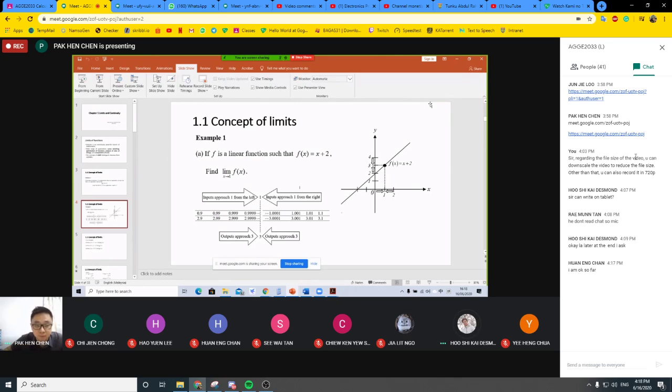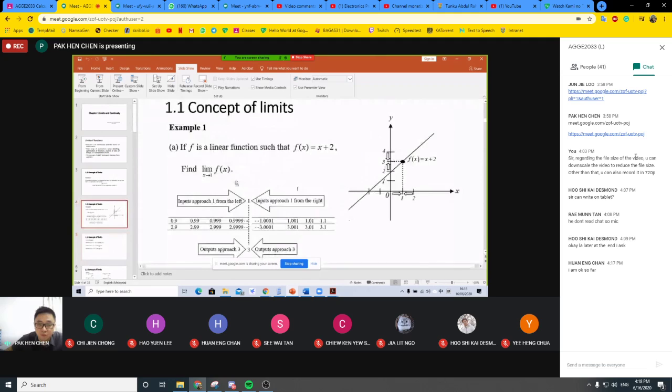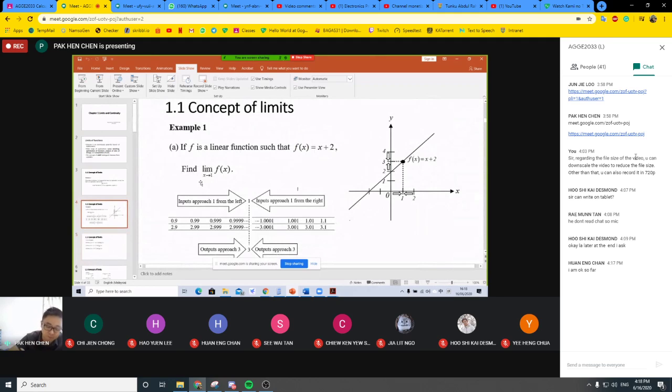Yes, please. As long as this is a continuous function, for finding the limit, what we can do here is just substitute the corresponding value of x. For example, for the first question, if it asks us to find the limit of f(x) as x approaches 1, we can just write limit as x approaches 1.